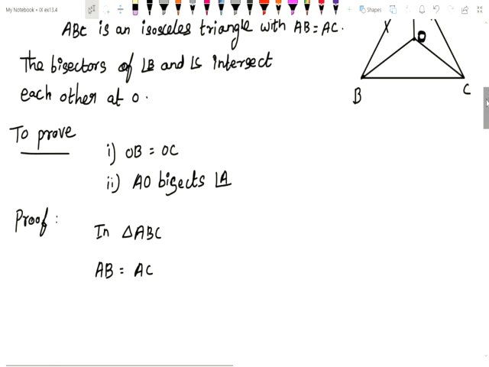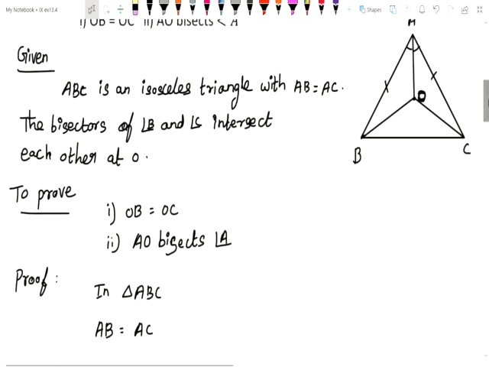In the diagram ABC, the angle opposite to AB is C, and the angle opposite to side AC is B. So here AB equal to AC is there.